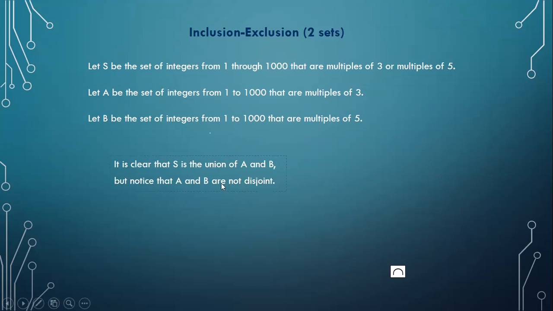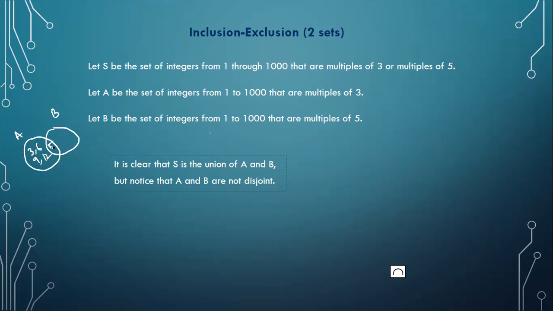Now it is clear that S is the union of A and B, but notice that A and B are not disjoint. What does it mean? If A is the set of multiples of 3, we will have 3, 6, 9, 12, and 15, which is a multiple of 5 as well.